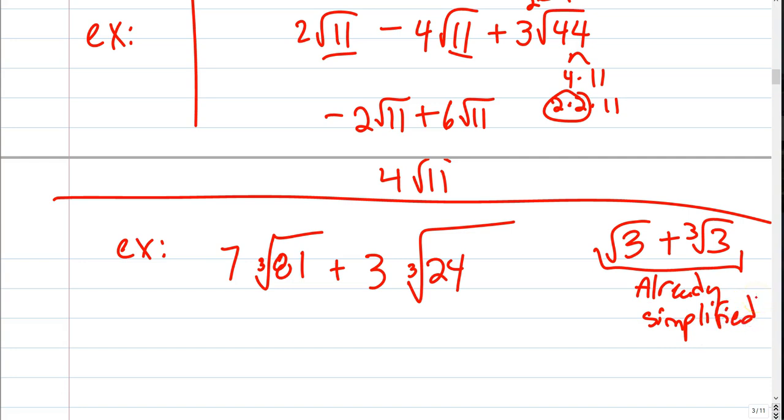Alright, so with that in mind, 81, 9 times 9, how about 4 3s? Well, what's coming out this time? Well, we're looking for groups of 3. So there were 3 3s.